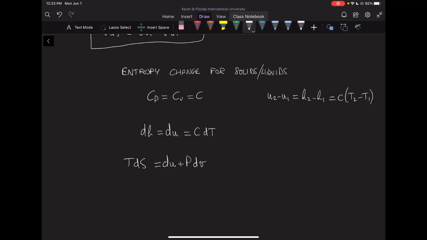Now, P dV in a solid and liquid, we can assume that dV is going to be equal to 0 for liquids and solids. The reason why we can say it's 0 is because we usually assume that solids and liquids are incompressible.